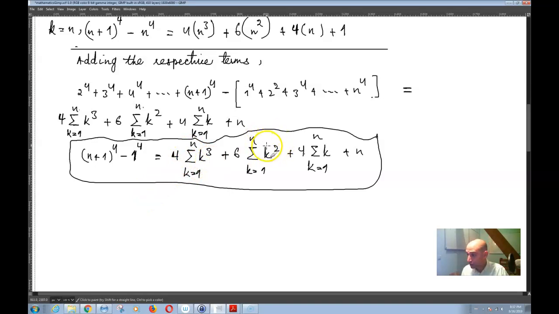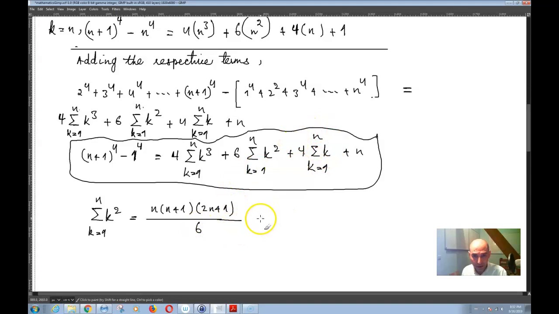Now we calculated sigma k squared as k goes from 1 to n to be n times (n plus 1) times (2n plus 1) divided by 6.